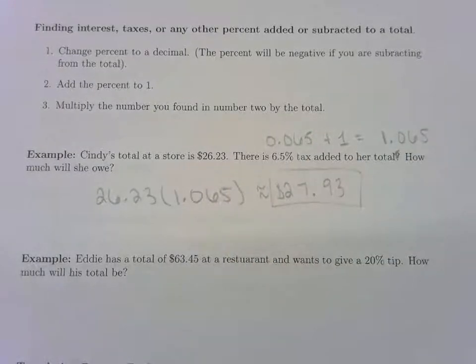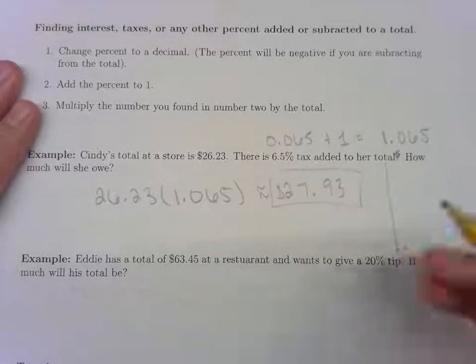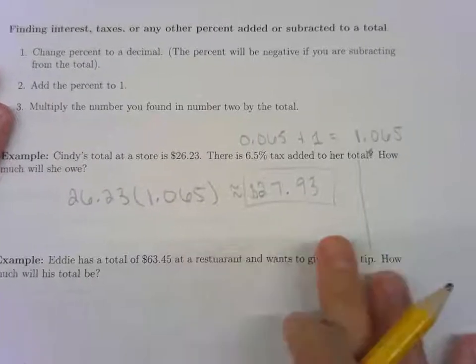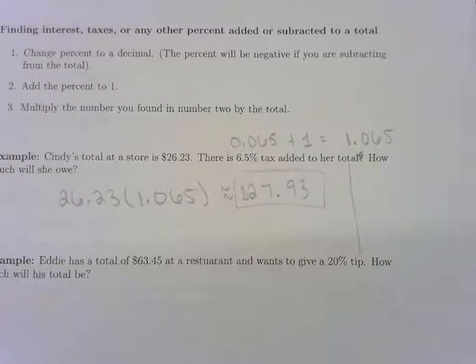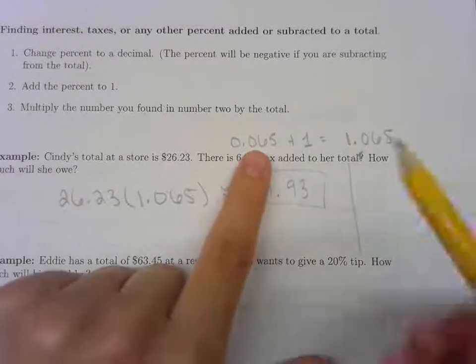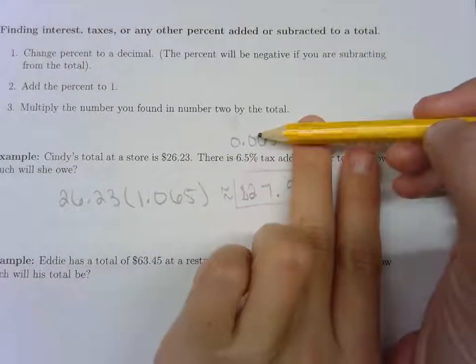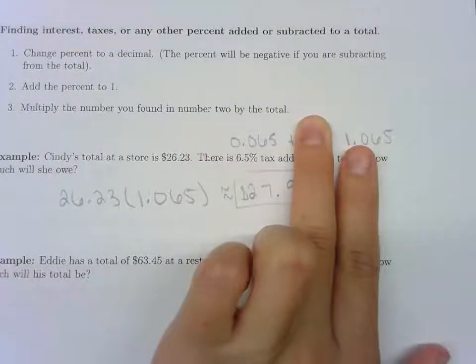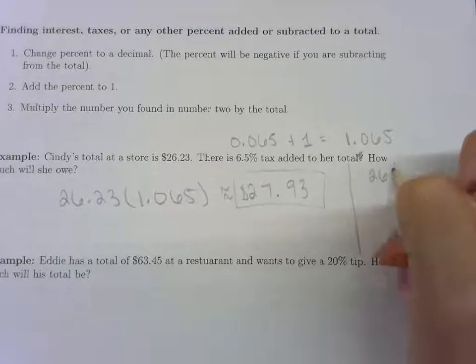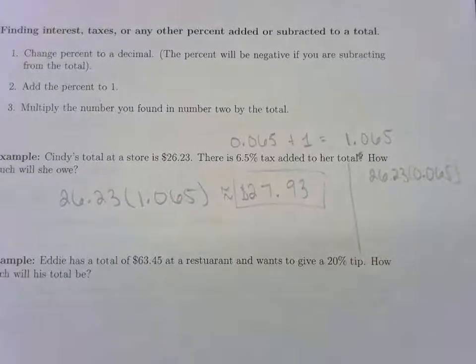Let me just go through the way you might have learned it. You might have learned it this way, which is great. So you change the percent to a decimal. You would have multiplied that by 26.23 times 0.065.